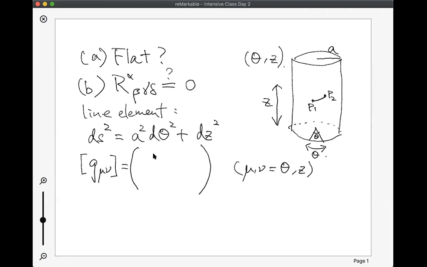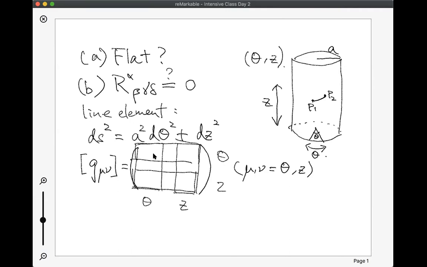Anybody? If I assume that this column is theta, this column is z, and the first row here is theta, and the second row is z.